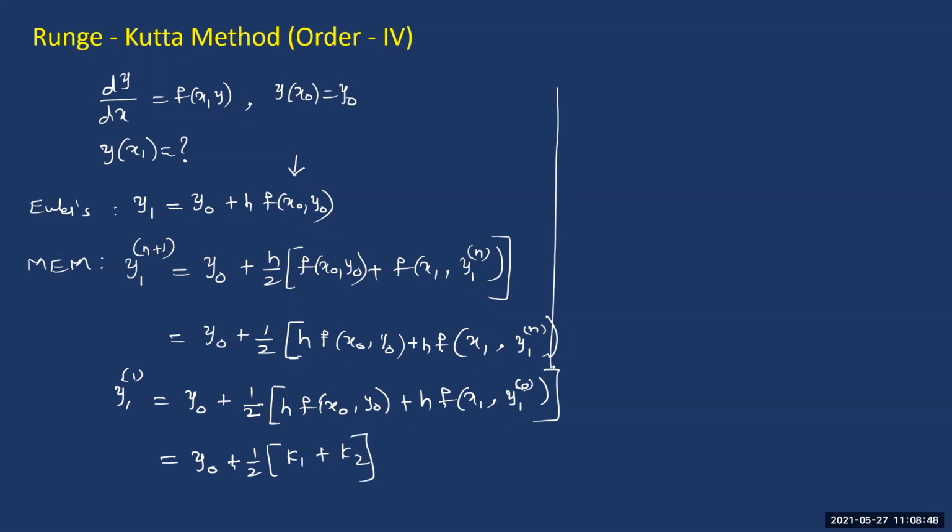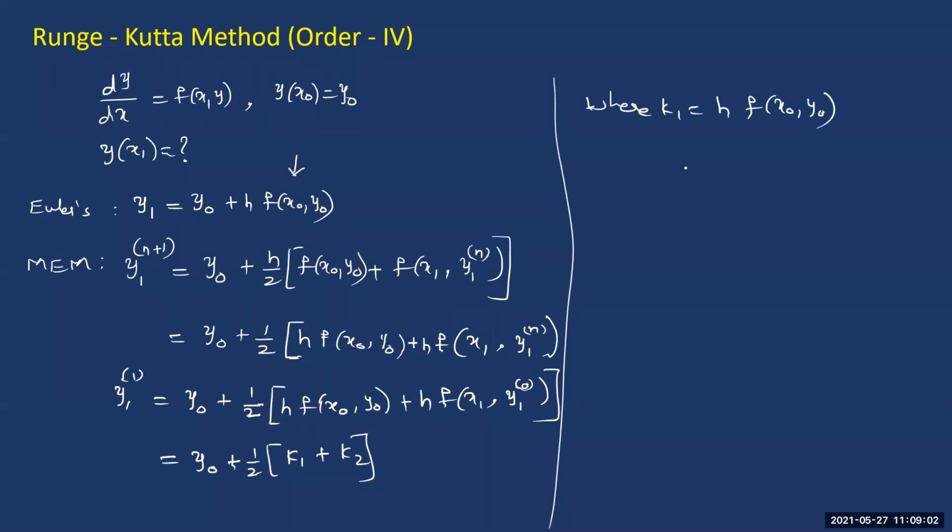So you can understand what k1 and k2 are here. Therefore, k1 is equal to h into f of x naught y naught and k2 is equal to h into f of x1 comma y1 initial approximation, isn't it?